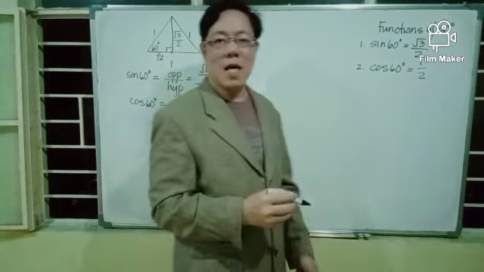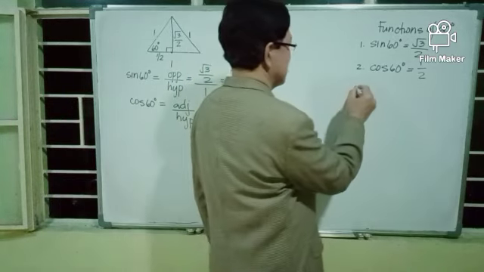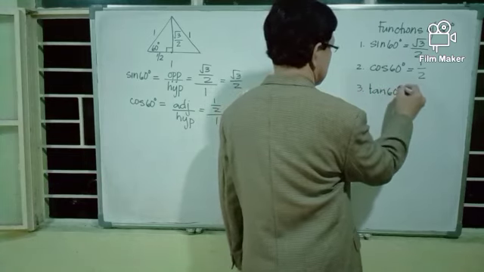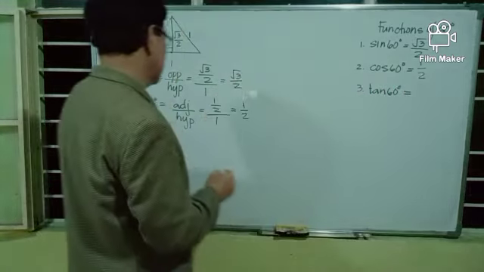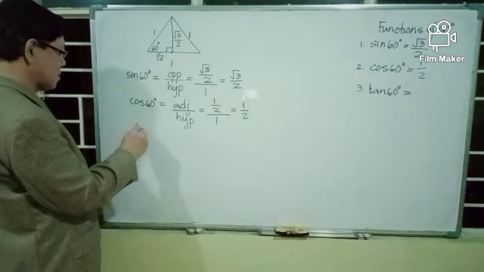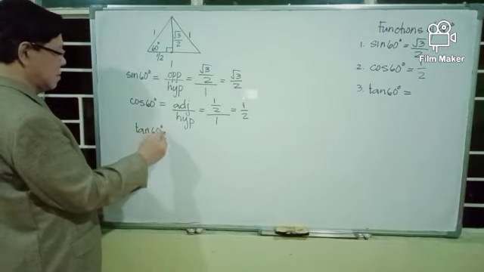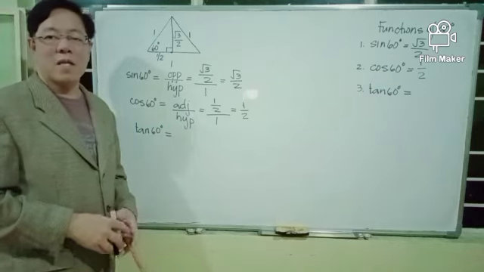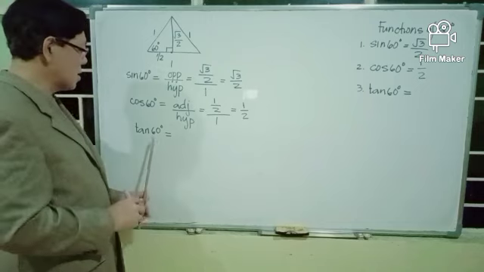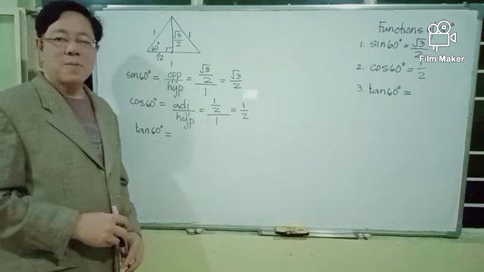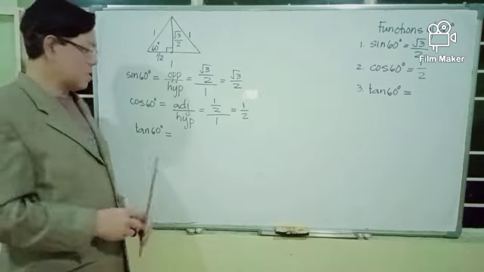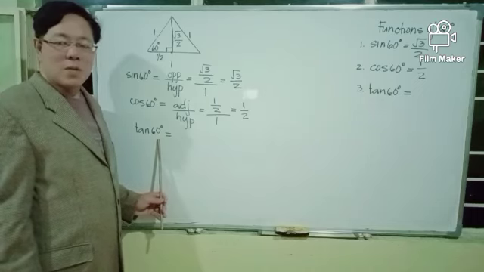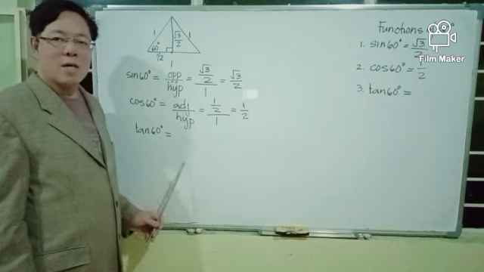Now we find the tangent of 60 degrees. Tangent of an acute angle is defined as the ratio of the side opposite the acute angle and the side adjacent to the acute angle 60, or tangent is equal to the ratio of opposite side and the adjacent side.